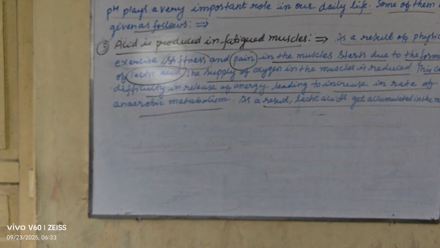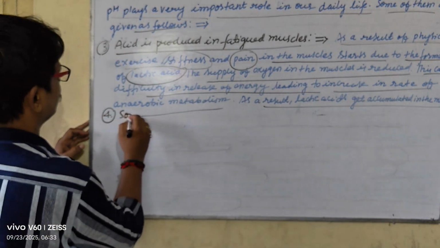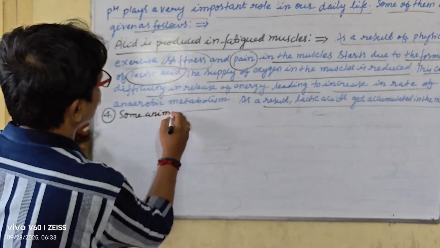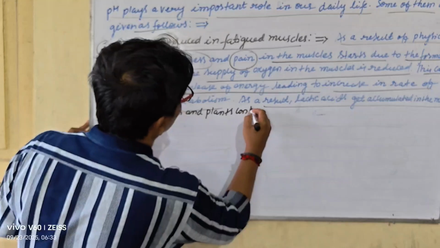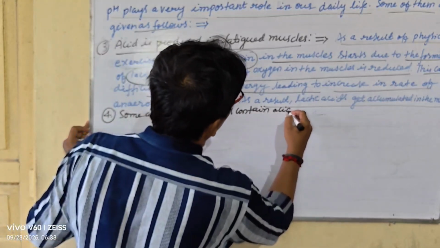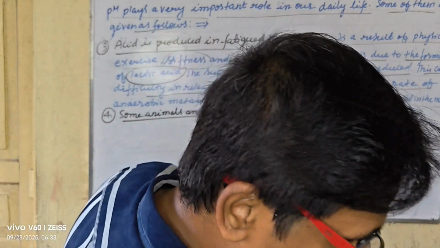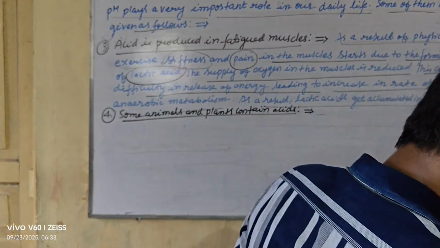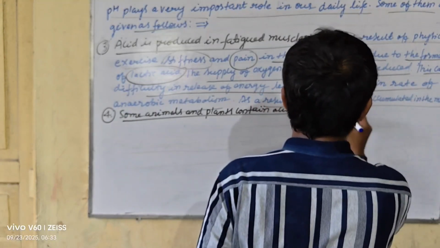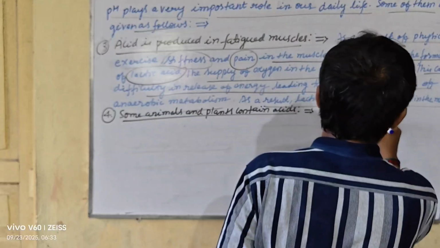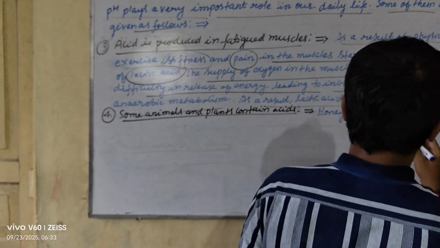Next one is that some animals and plants contain acids. Which plants and which animals contain acids? A honeybee injects an acid through its sting.